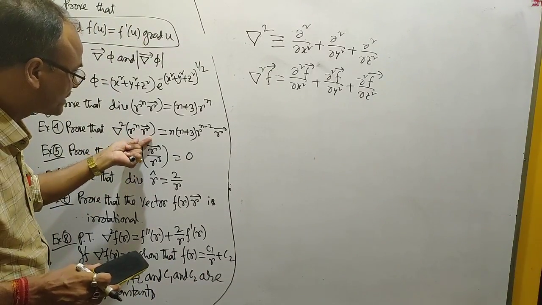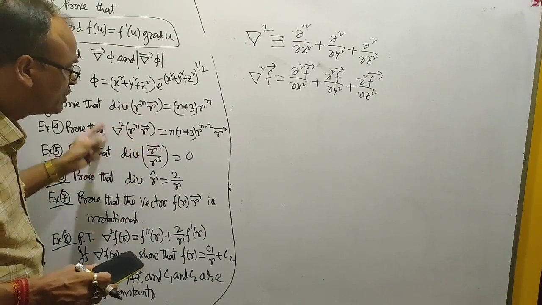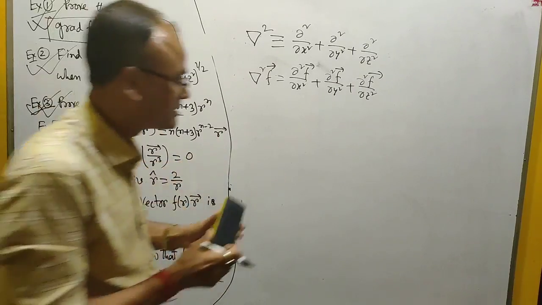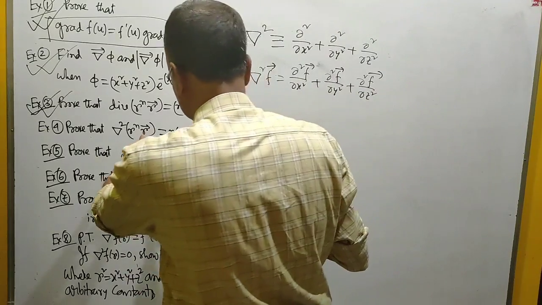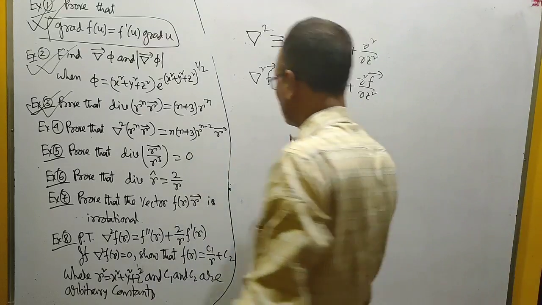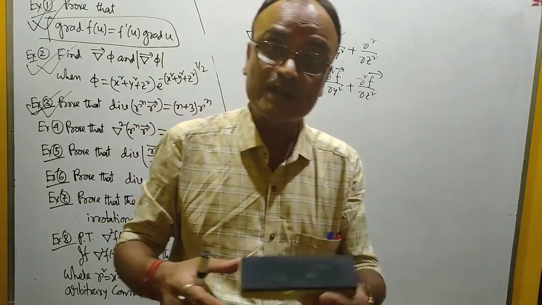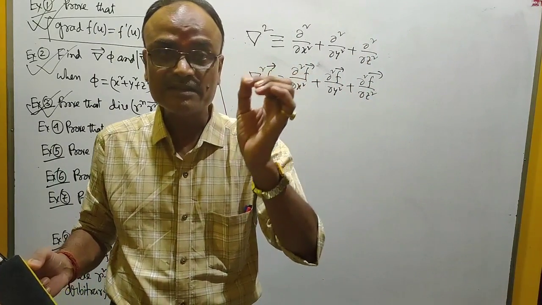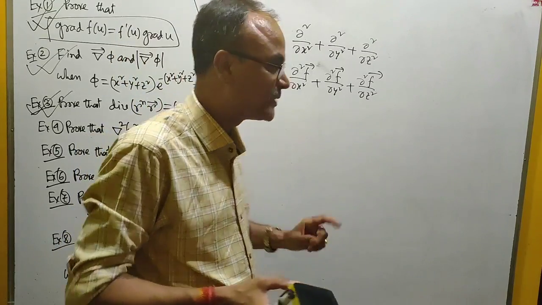Here it is a vector, therefore the result will be again a vector. The vector sign is there. If it is scalar, then the result will be a scalar. Divergence of a vector quantity is always a scalar quantity, and gradient of a scalar is a vector.